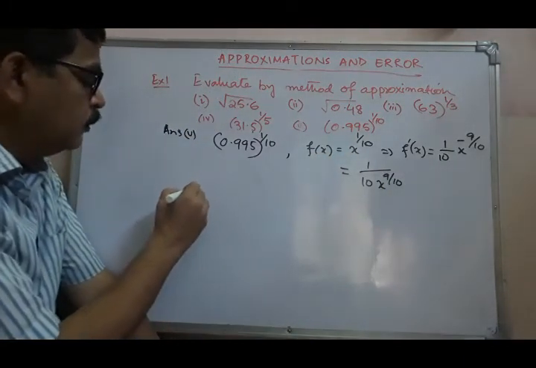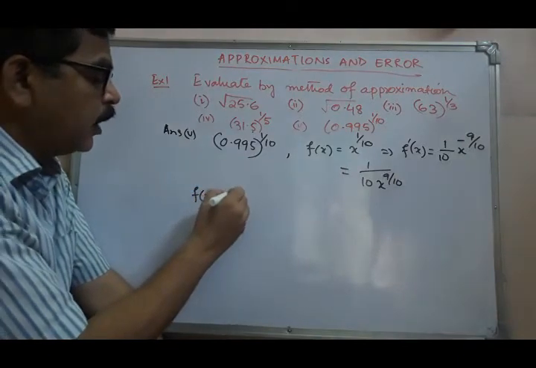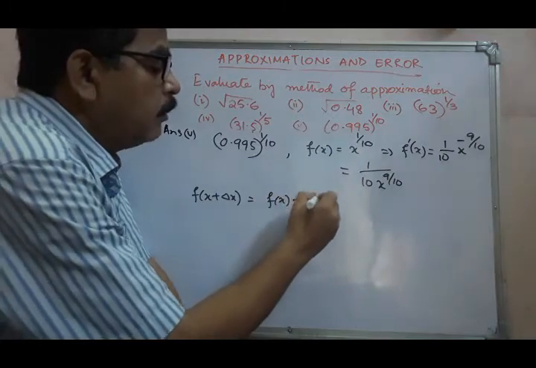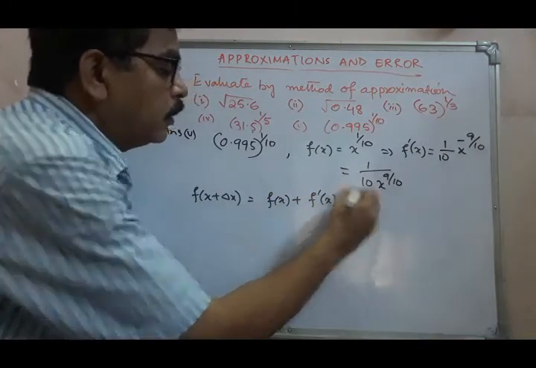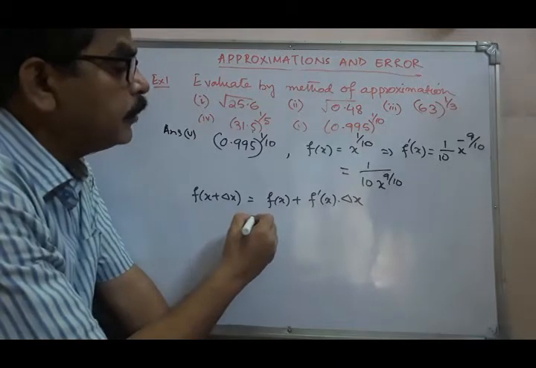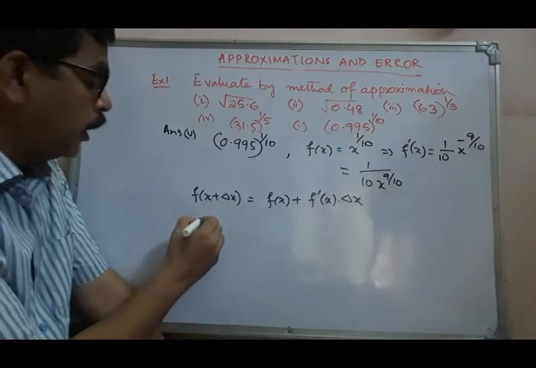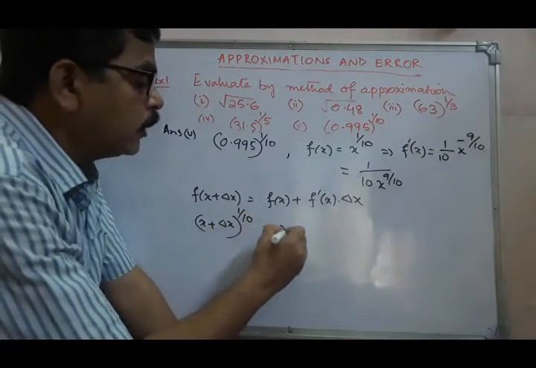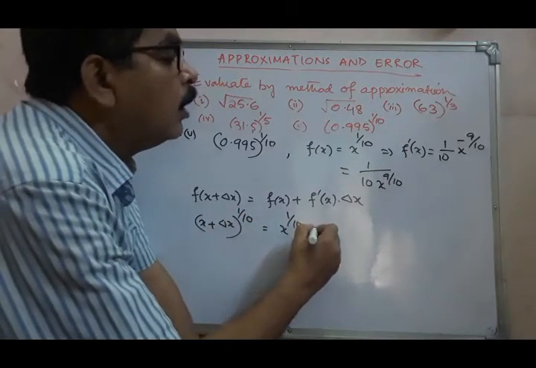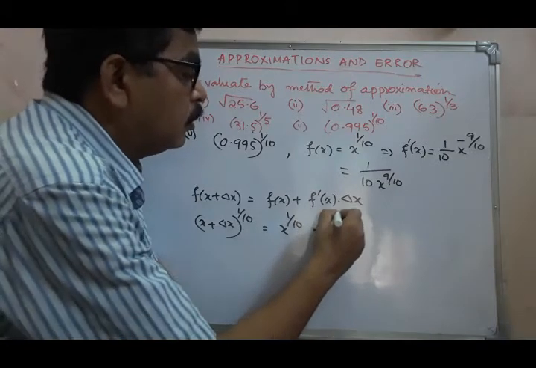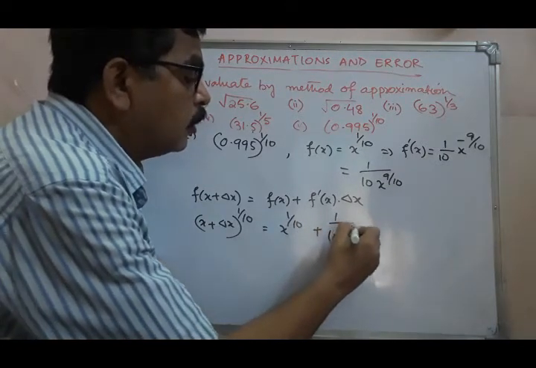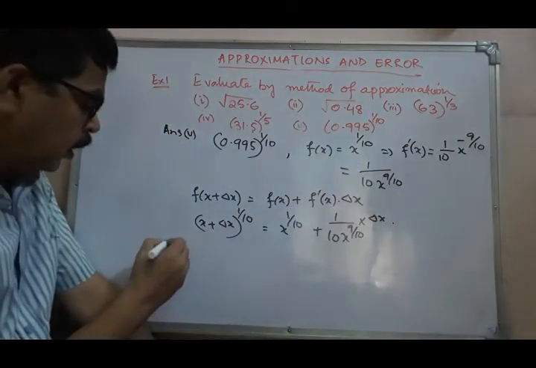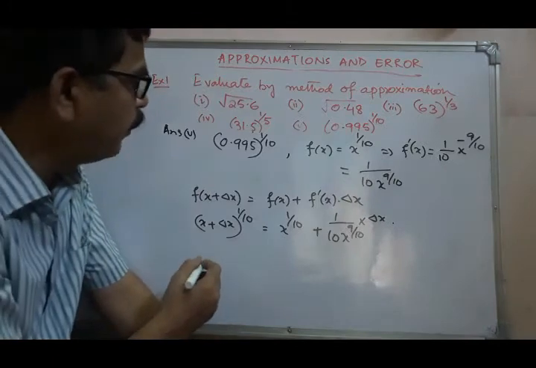Write down the relation: f(x plus delta x) equal to f(x) plus f dash x into delta x. That is, (x plus delta x) whole to the power 1 by 10 equal to x to the power 1 by 10 plus 1 by 10x^(9/10) into delta x. Here split 0.995 into two parts.